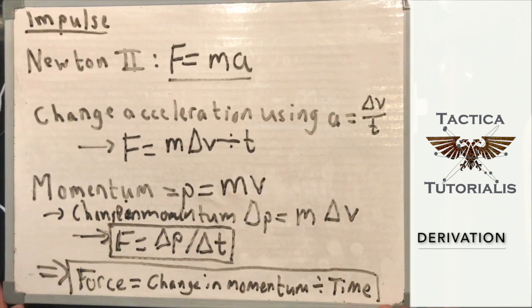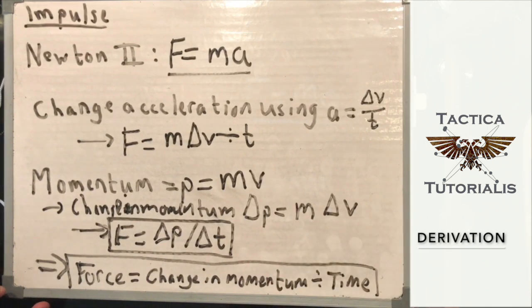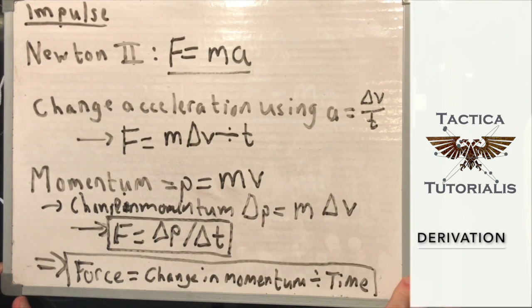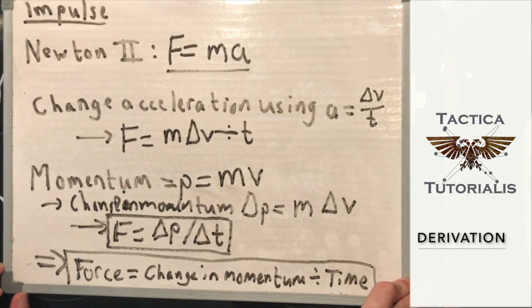That is the formula. The force on an object when it changes speed and has a crash is the change in the object's momentum divided by the time taken for that collision to happen.